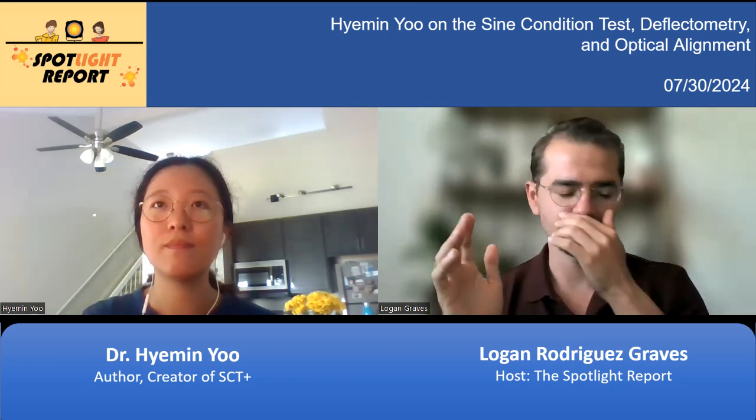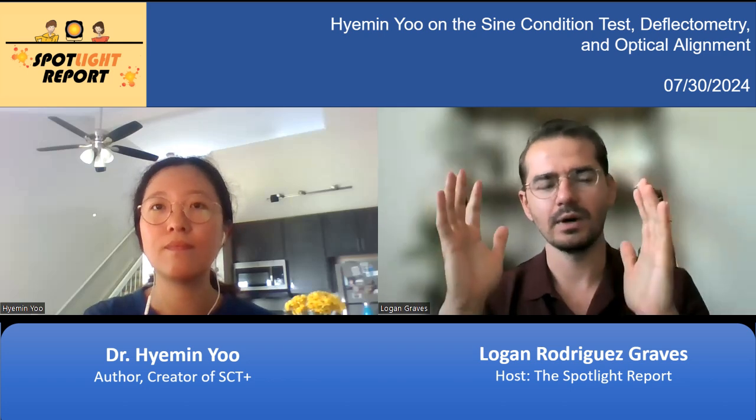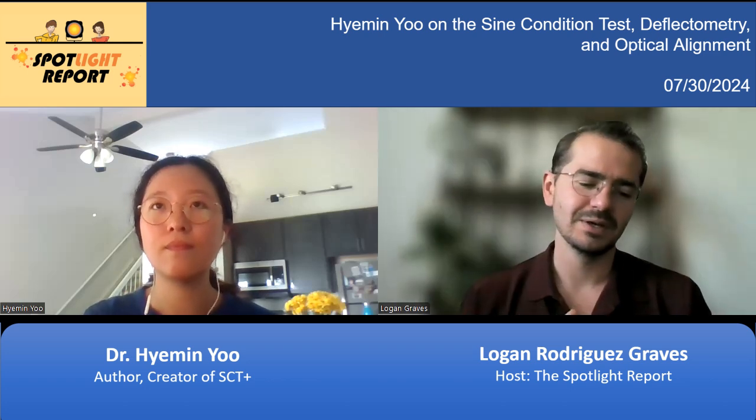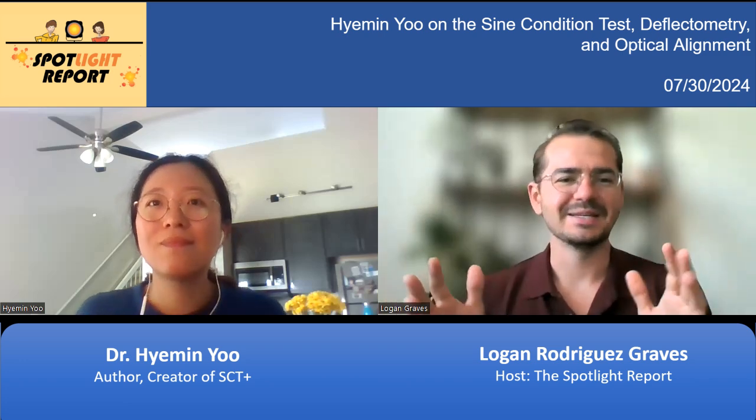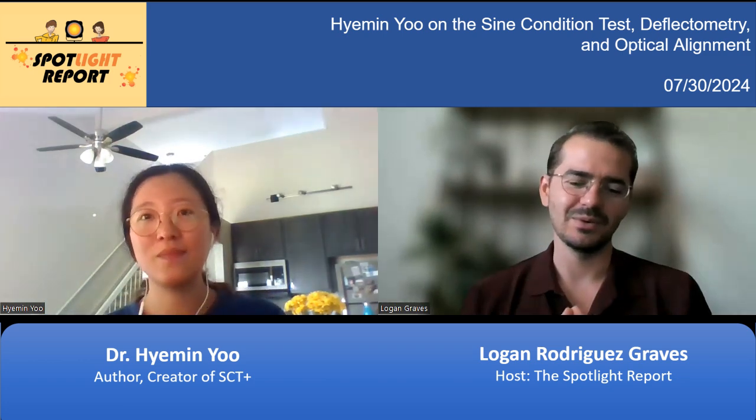So you started to go into it, but let me take a step back. Obviously, you design a system in your optical design software and it's perfect, and you're going to order these lenses.